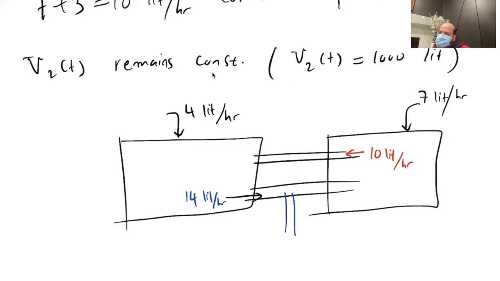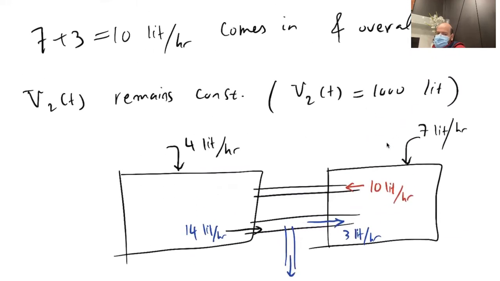And again, as we said, 4 plus 10, 14 comes in, 14 goes out for tank 2. And for tank 1 and for tank 2, 7 plus 3, 10 comes in, 10 goes out for tank 2.